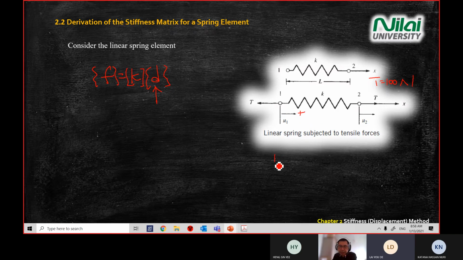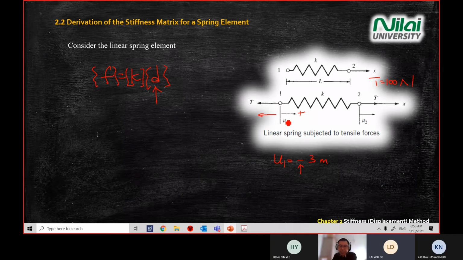For example, you get U1 equal to negative 3 meter. What does this negative mean? It means what you assumed in the diagram is wrong. In reality, in your final answer, point 1 is going to move in this direction. If you calculate until the end, you get U1 equal to negative 3.